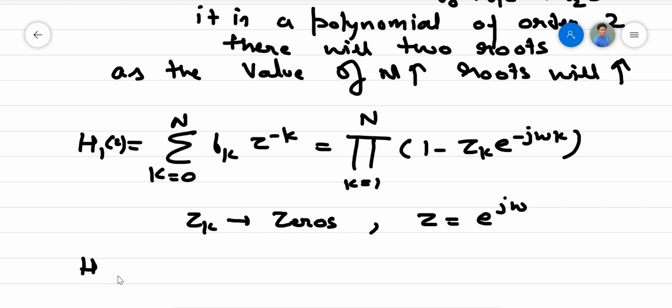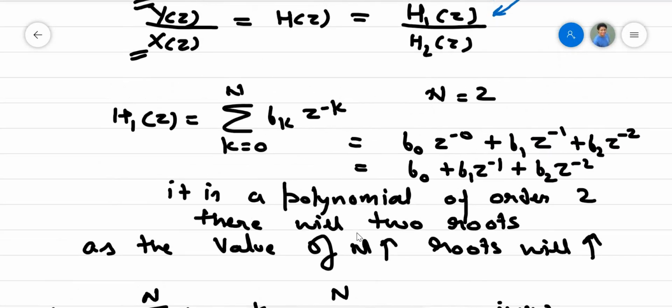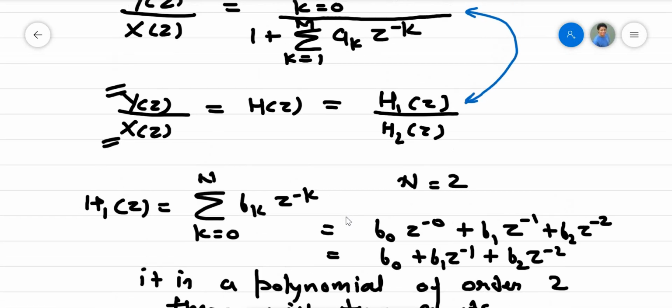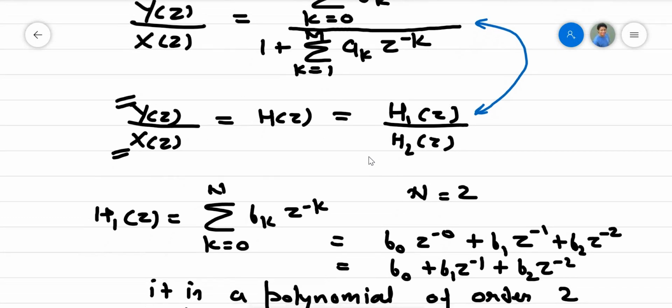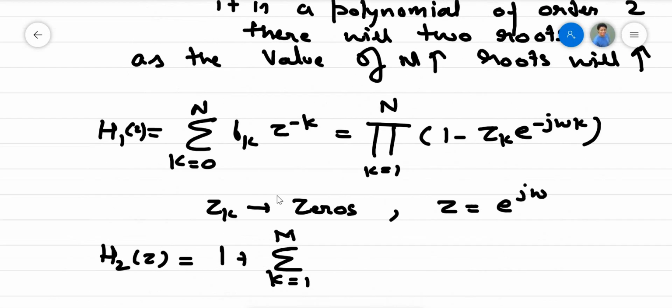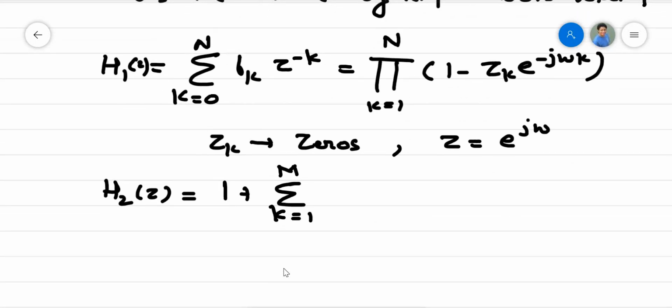Then we can write H2(z) as 1 plus the summation k equals 1 to m. Let me just check this particular part, the limits. So H1(z) is k equals 0 to n, and this one is k equals 1 to m. Right, so we are going correct.